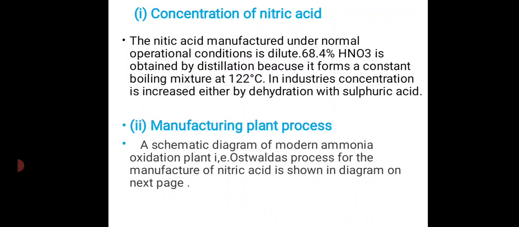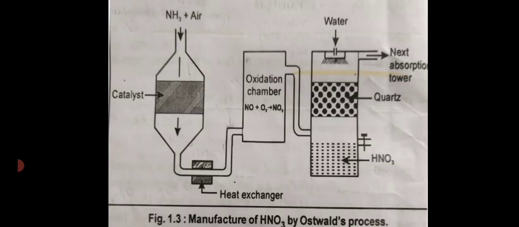A schematic diagram of a modern ammonia oxidation plant, the Ostwald process for the manufacture of nitric acid, is given in the diagram. We can see that the diagram consists of units. First, the catalyst chamber with NH3 plus air and heat exchanger, then second the oxidation chamber, then third the absorption tower.